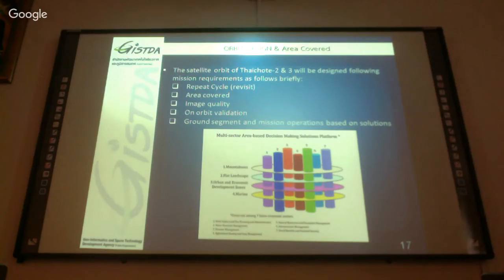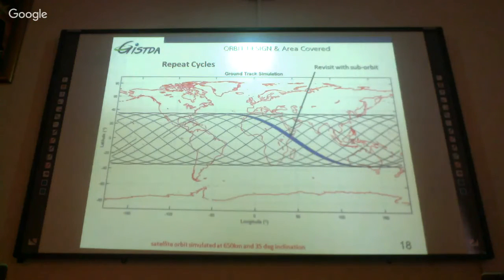Okay, after we design the formation flying of the two satellites, after that is to design the mission requirements about the ellipse circle and the coverage, and on-orbit validation, including the ground segment mission operation. In this presentation I want to show the ellipse circle, where we need to get the image at the same time, at the same pace.